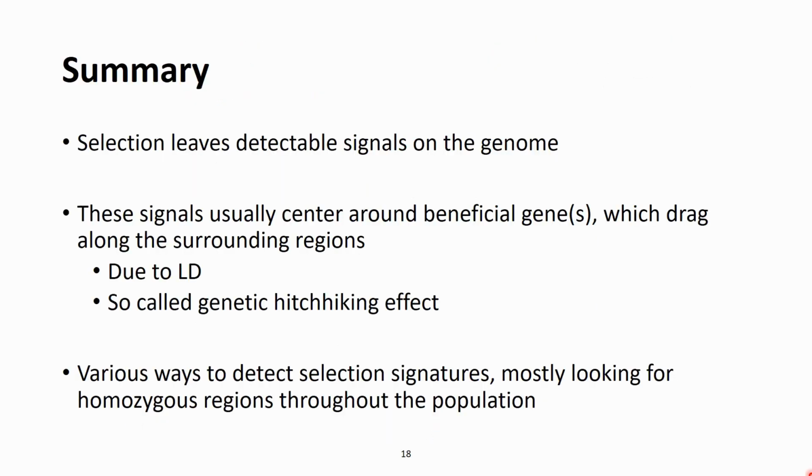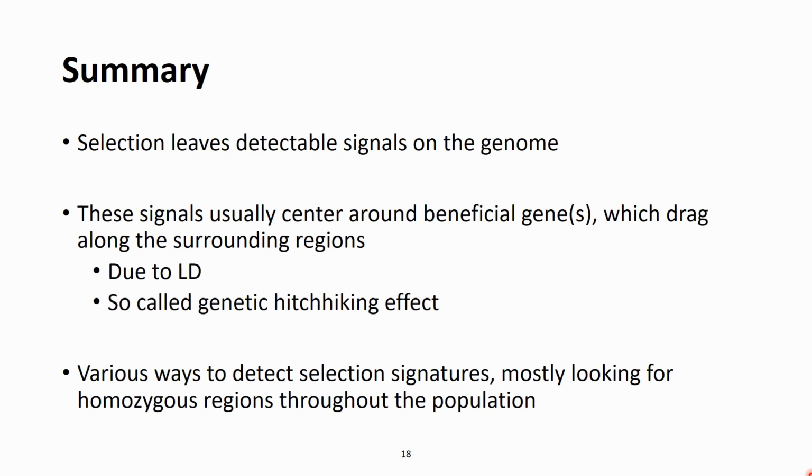We are already at the summary for this selection signature story. So we have learned that selection, either natural or artificial, leaves detectable signals on the genome. These signals usually center around the beneficial gene or genes, which drag the surrounding genomic regions with them. This so-called genetic hitchhiking effect is actually caused by linkage disequilibrium, meaning that the surrounding regions for any particular nucleotide tend to be inherited together.